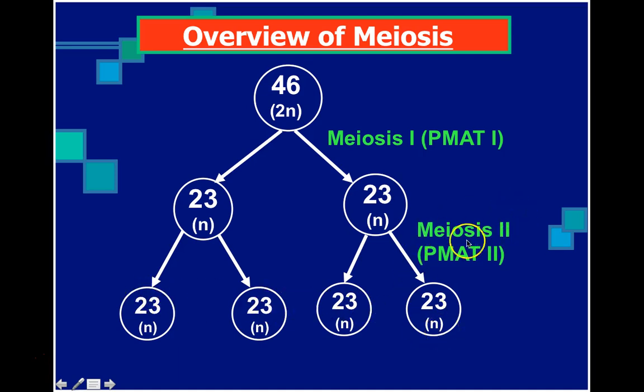Now, because this is meiosis II and the cell still goes through prophase, metaphase, anaphase, and telophase, in order to distinguish between the difference, we now have to put a Roman numeral 2 after each phase, so it would be considered prophase 2, metaphase 2, anaphase 2, and telophase 2. Again, if the Roman numeral is dropped, then you are talking now about mitosis, and therefore that would be incorrect.